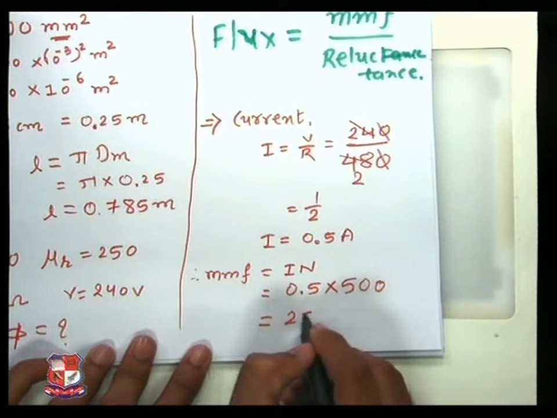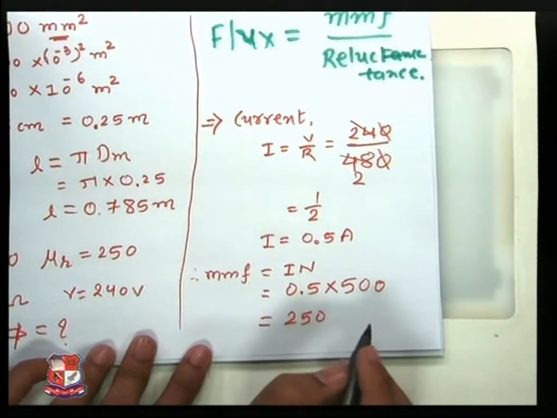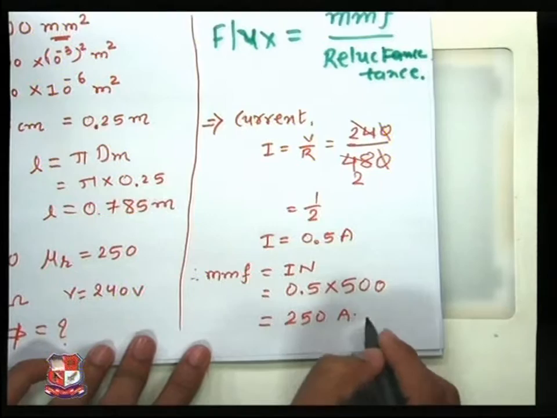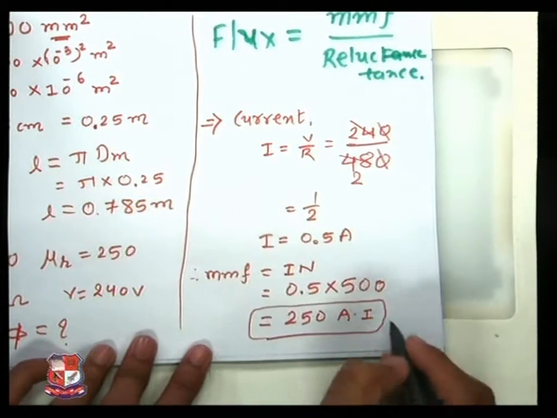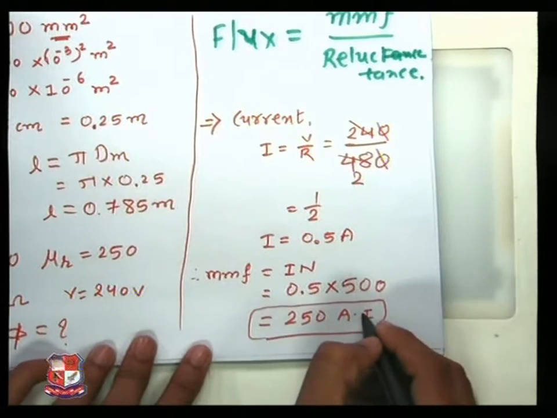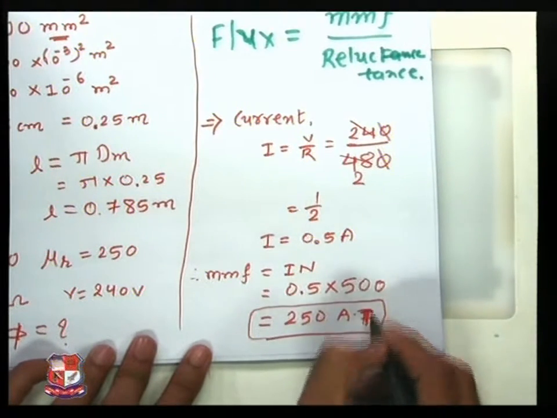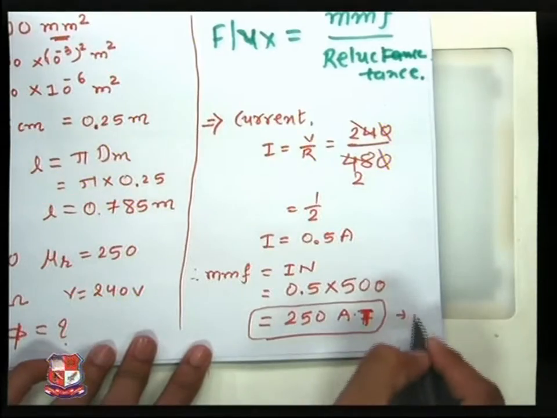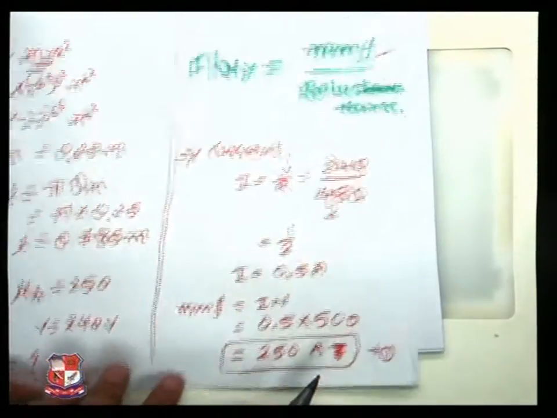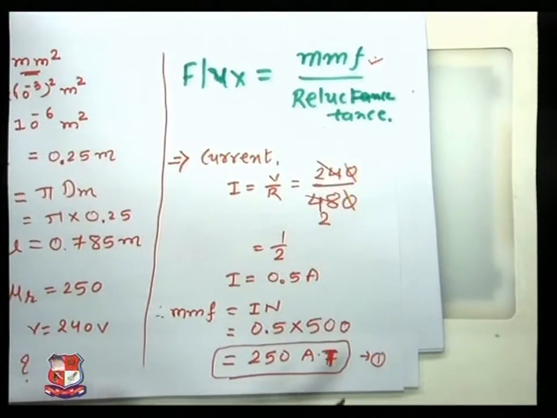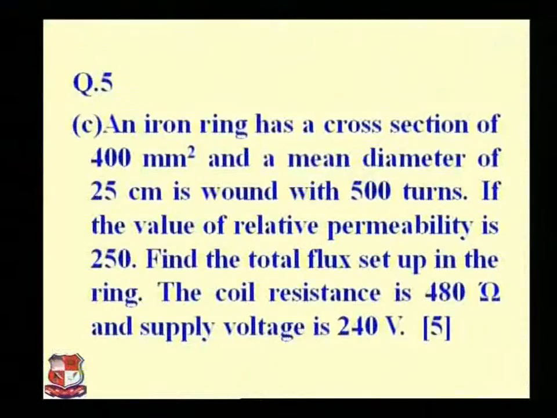So simply, I get my mmf as 250 ampere-turns. The value of mmf is 250 ampere-turns. We have to write the unit ampere-turn with the value of mmf. Now I find the value of reluctance. So let's go with the reluctance.